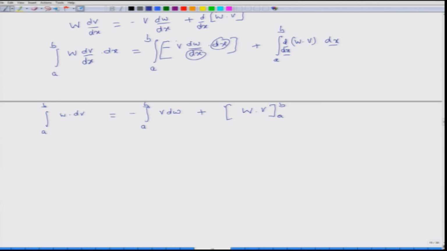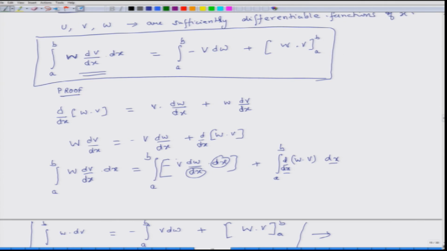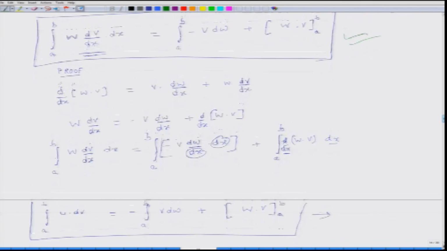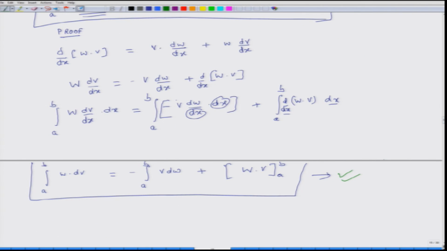Okay. So, this equation is the same as what we had written earlier. This is the same relation as this relation. So, we have shown that this equation holds.